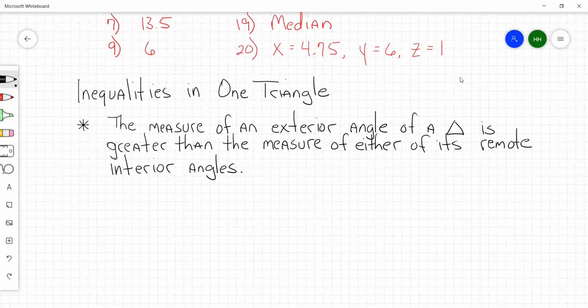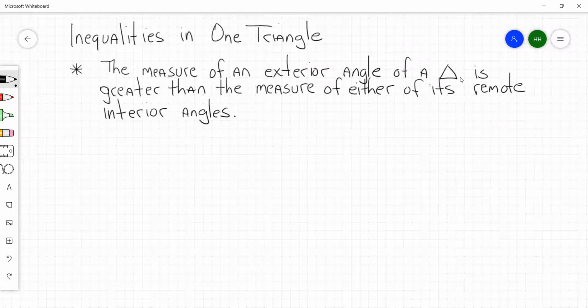The measure of an exterior angle of a triangle is greater than the measure of either of its remote interior angles.